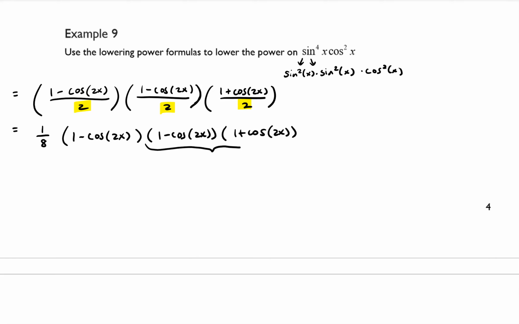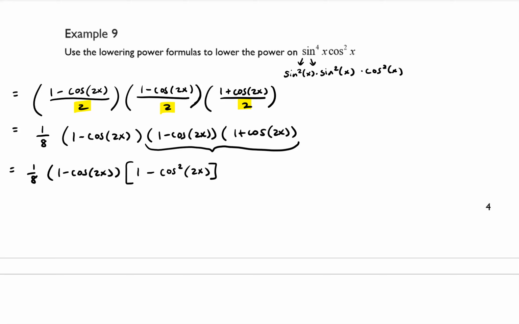Now, the last two terms here, that is a difference of squares, and so I could FOIL that, and that would give me 1 minus cosine squared of 2x.